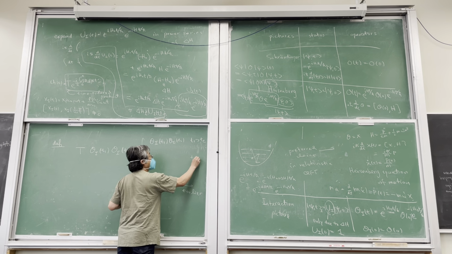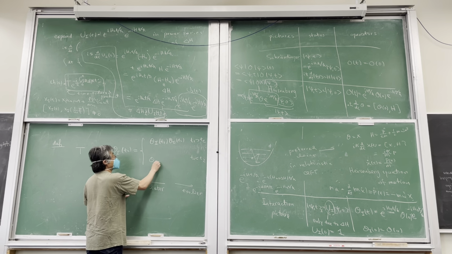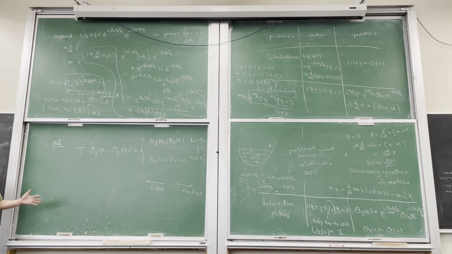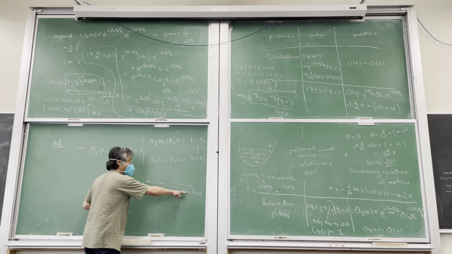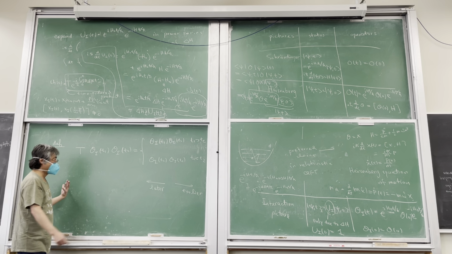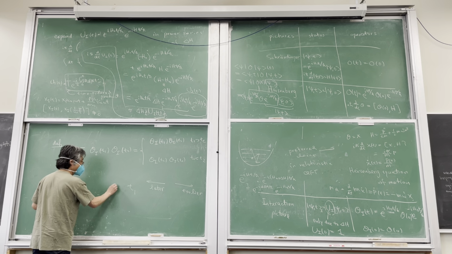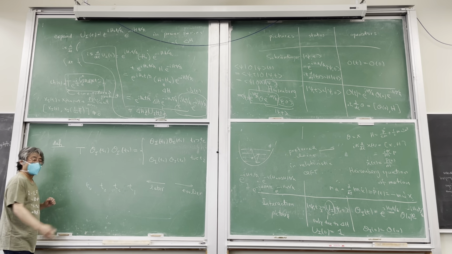So if t1 is earlier than t2, you switch the order. That's the definition. So the definition is very simple. And I always find it a little complicated because earlier is on the right, later is on the left. So you have to keep writing t1, t2, t3, t4 from right to left.